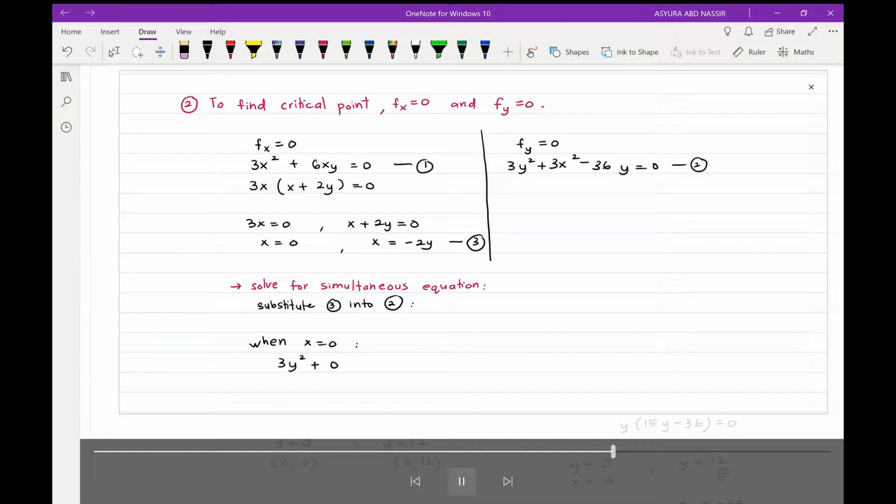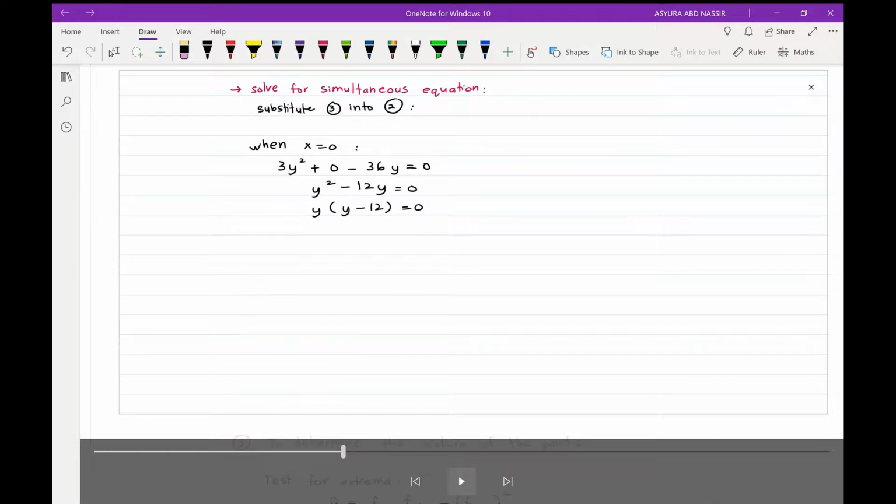We have 3y squared plus 0 minus 36y equals to 0. So simplify. Now you will get your y equals to 0 and y equals to 12. Meaning here we have 2 points. The first one, x is 0 and y is 0. The second one, we have x is 0 and y is 12.